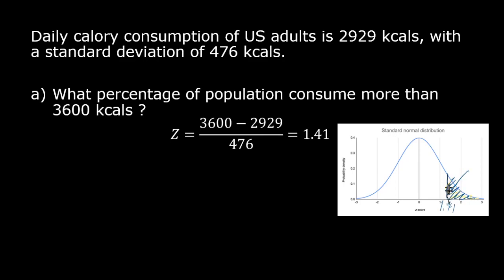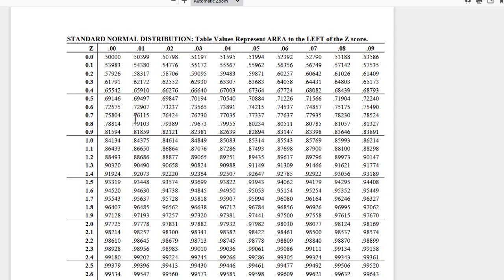That's what we're trying to find. We want to know what percentage this portion is out of the entire thing, which is 1. So we just need to know the area of this part. How do you find the area? You can use either the table or a calculator. Let's go with the table first. This is the normal distribution table.